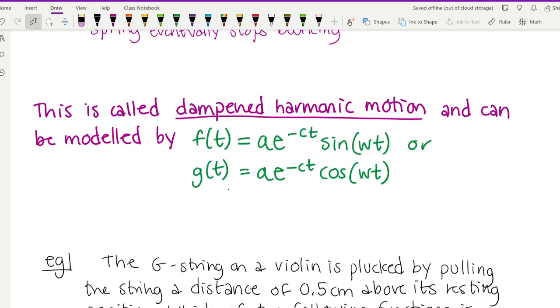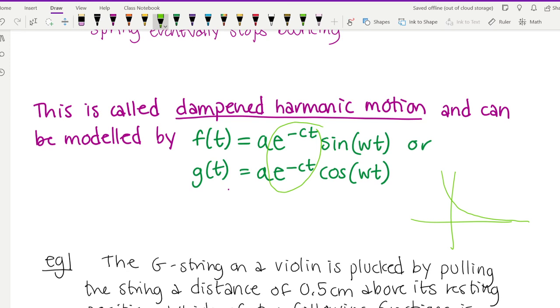These types of situations are called dampened harmonic motion, and they can be modeled with functions that in some ways look very similar, but there's one key difference, which is the inclusion of this factor of e to the negative c times t. We'll look at this in a graph in a moment, but if you think about what the graph y equals e to the negative x looks like, it just goes down and down and flattens out.